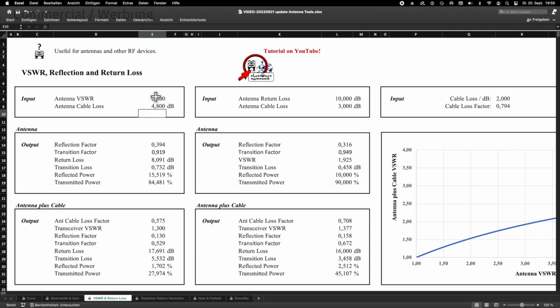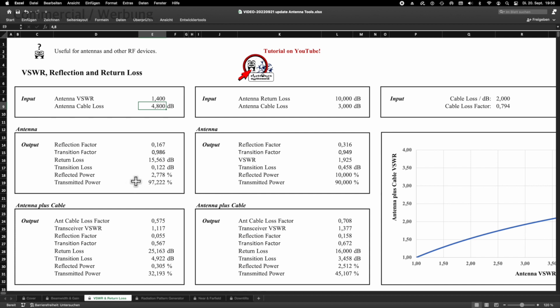Our antenna in the example has a VSWR of 1.4. We get two output sections for the results. The upper one gives us the figure at the antenna connector, where we see the results of a reasonably good antenna match.